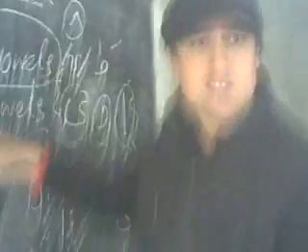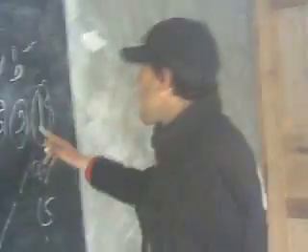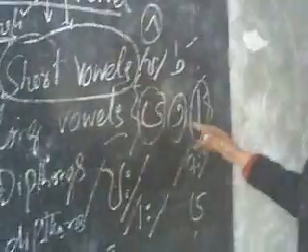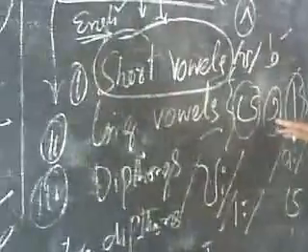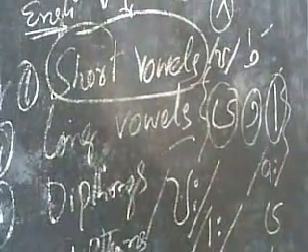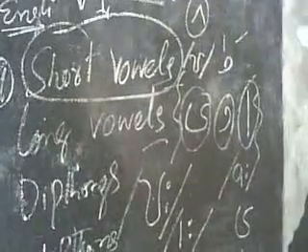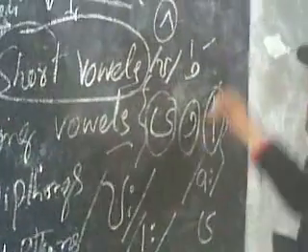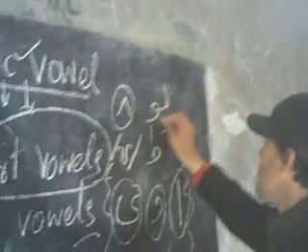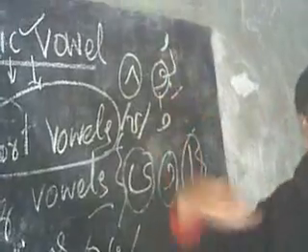See the difference between long vowels. In long vowels, we have fatha before alif, or dhamma before waw, or kasra before ya. If I write dhamma here, this is a long vowel.